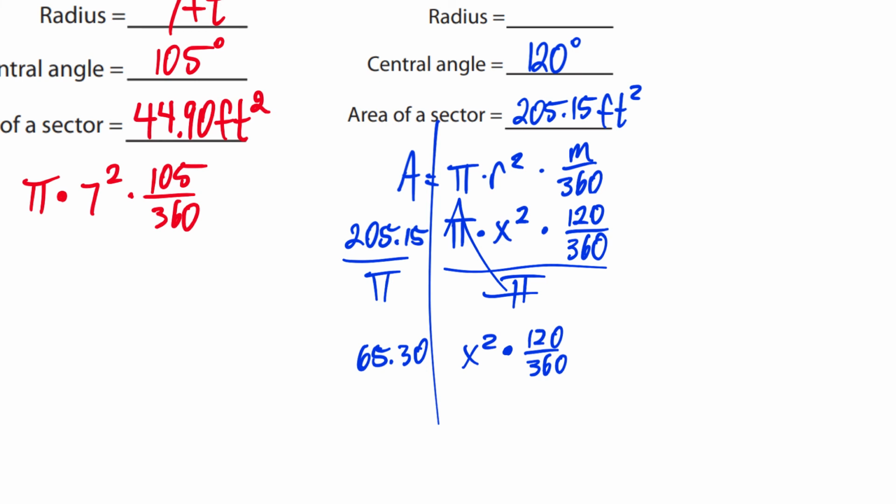It's 1/3, or as a decimal, 0.333. So I'm going to divide by 0.333.